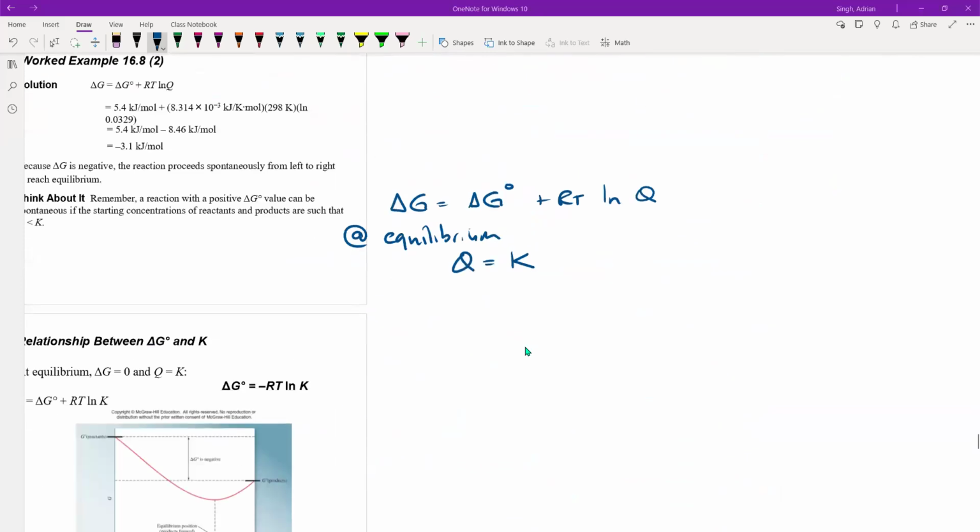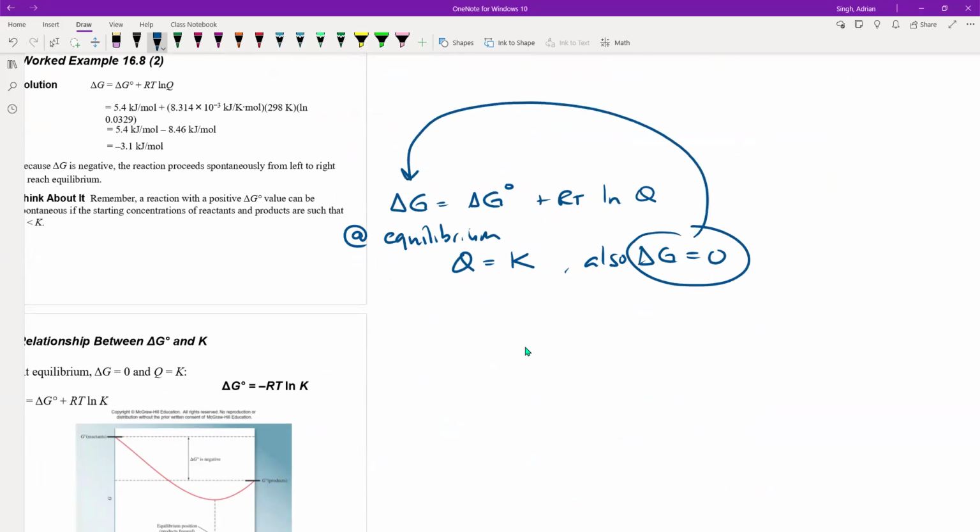At equilibrium, the reaction quotient Q is equal to the equilibrium constant K, and also delta G is equal to 0. So if we substitute delta G equal to 0 and substitute K, we end up with 0 is equal to delta G naught plus RT ln K.